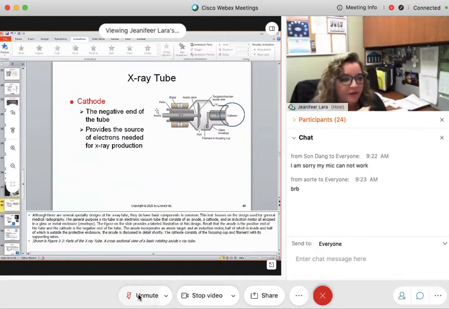Cathode is the negative end of the tube. At this end of the tube, it is going to provide us the source of electrons that is needed for X-ray production. We've been talking about this source, and lo and behold, we are going to talk about it today.